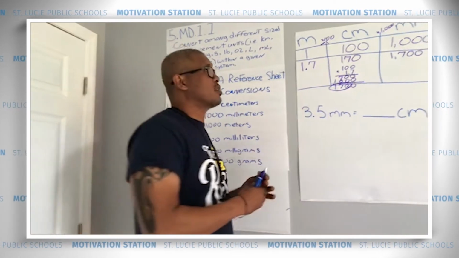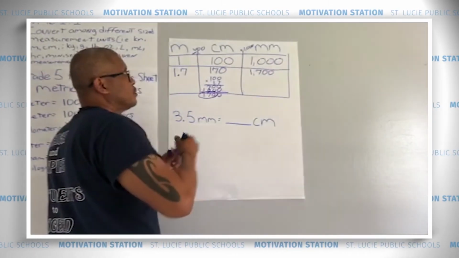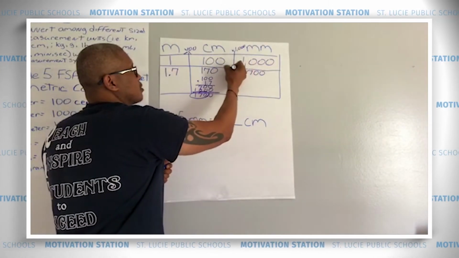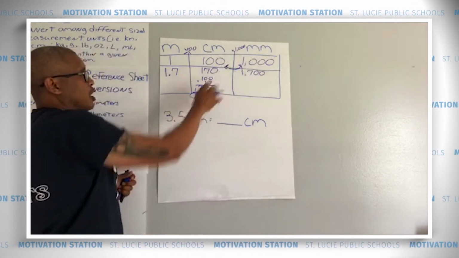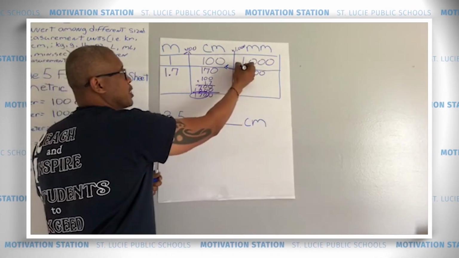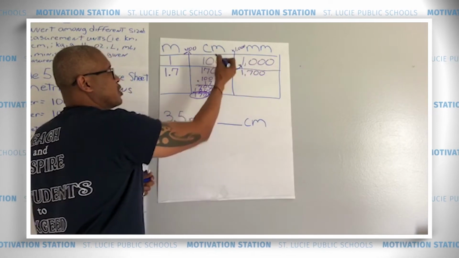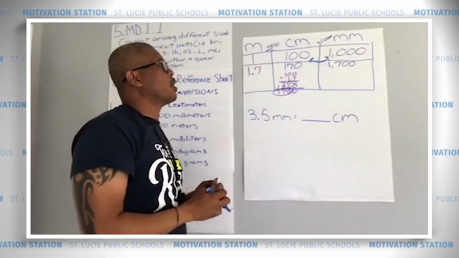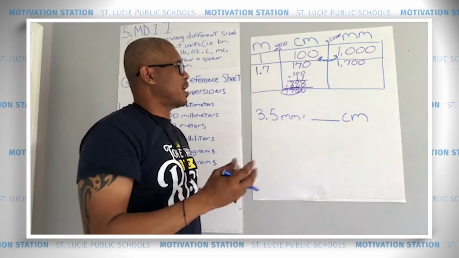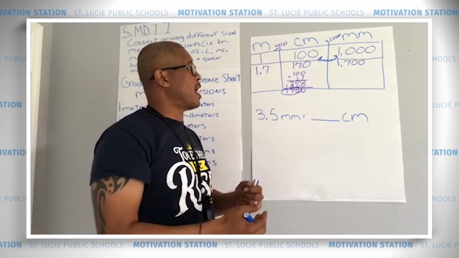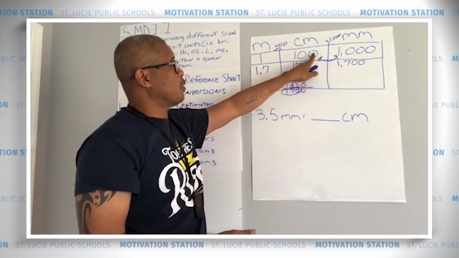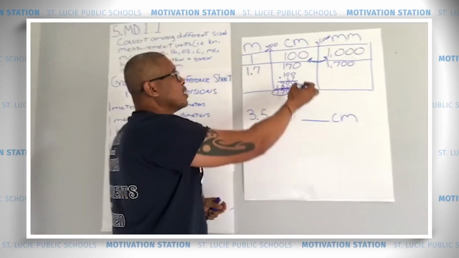But the difference is that I'm going from a smaller unit of measurement to a larger unit of measurement. If I compare the two, as you said before, Mrs. Slap, going from a smaller to a larger, I need to divide. So what am I dividing by?